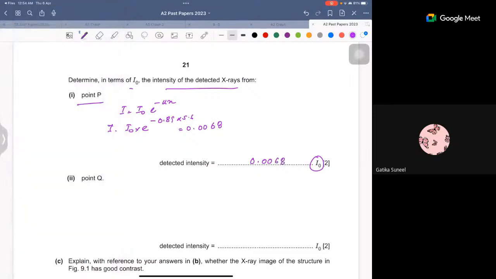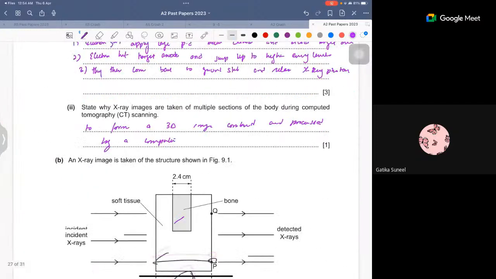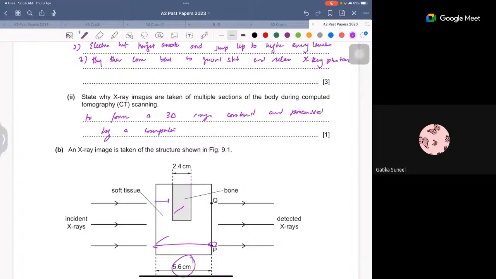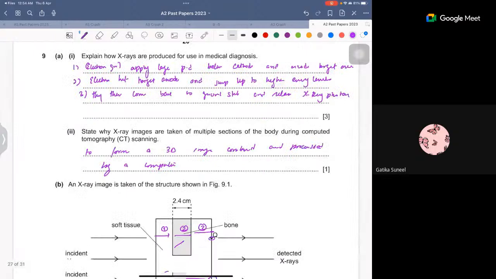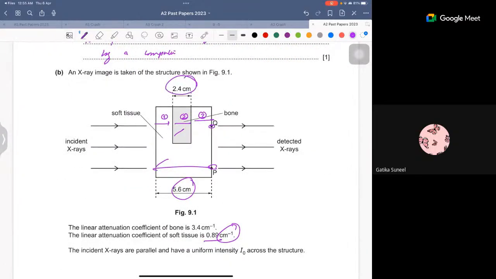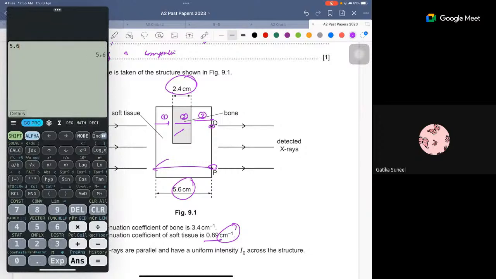Then it says point Q. So it goes through this and then this: one part, second part, and third part. So I equals I naught, and then just keep on multiplying e's. For the first part, it was minus 0.89, and if this distance was 2.4 and the total was 5.6, I'm going to do 5.6 minus 2.4, then divide by 2.